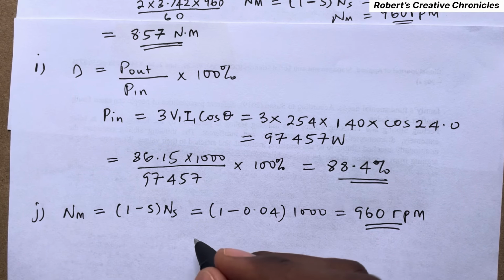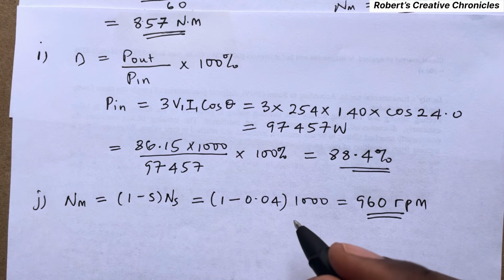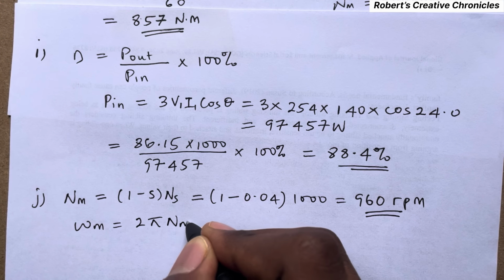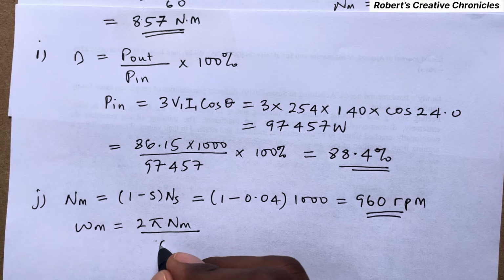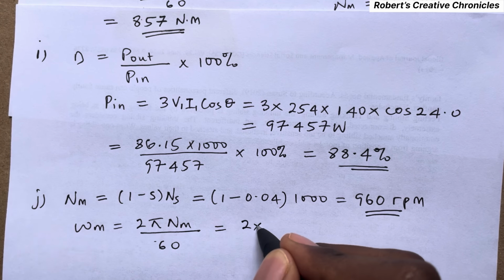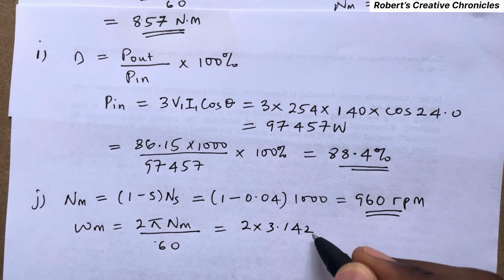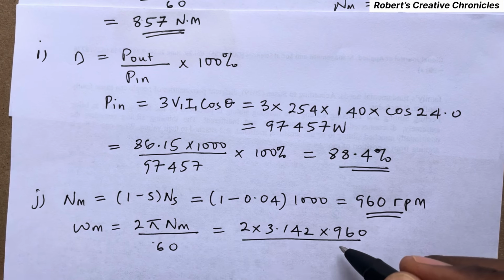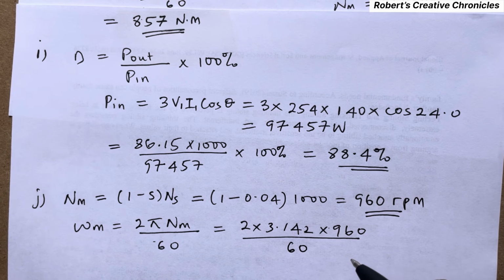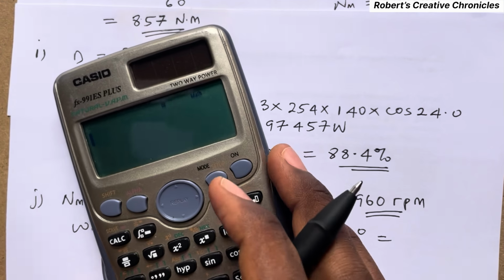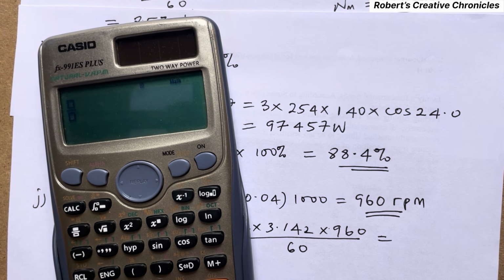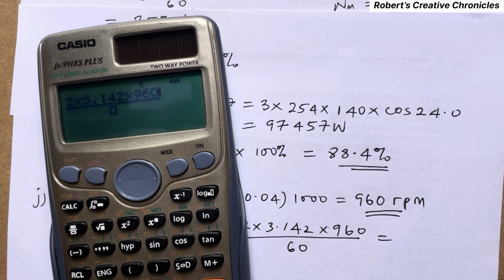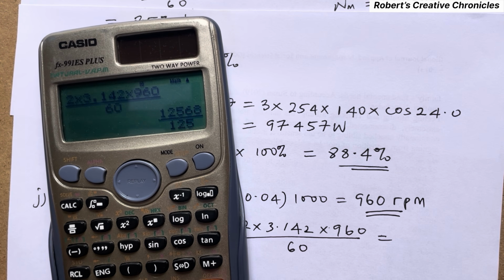Then to find the motor speed in radian per second, we use the formula Wm is equal to 2 pi nm over 60, which is 2 times 3.142 times 960 over 60.